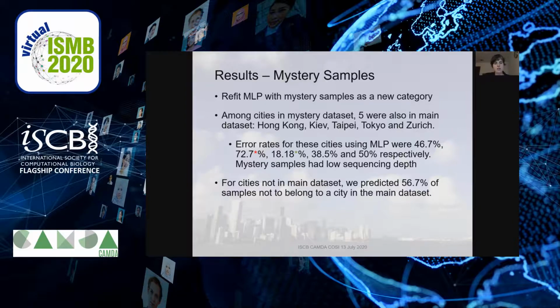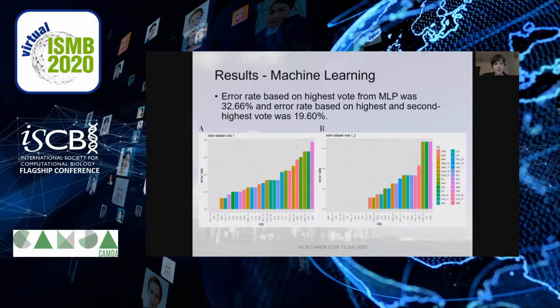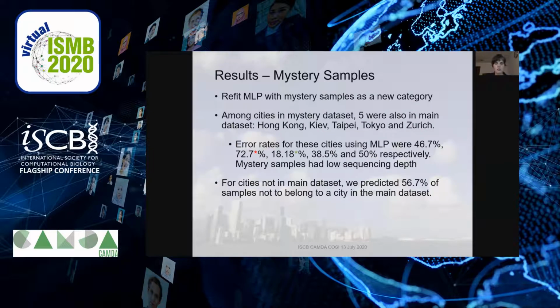And we can see on the previous slides that Kiev, which performed poorly in the main data set, also performs poorly in the mystery data set, and Taipei, which had an error rate of 0%, has the lowest error rate for this prediction.